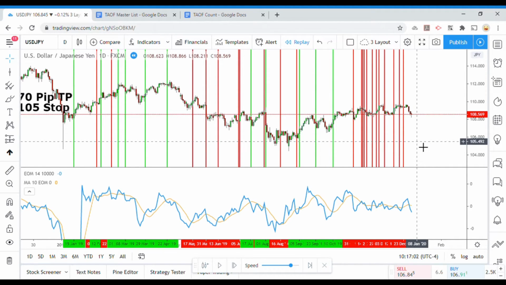So we have 33 signals. And we have 1, 2, 3, 4, 5, 6, 7, 8, 9, 10, 11. We only have 11 wins. So that definitely does not meet the 60% threshold that we are looking for.